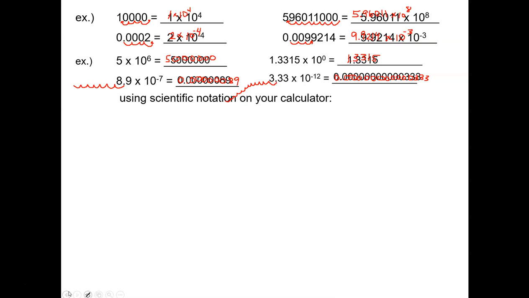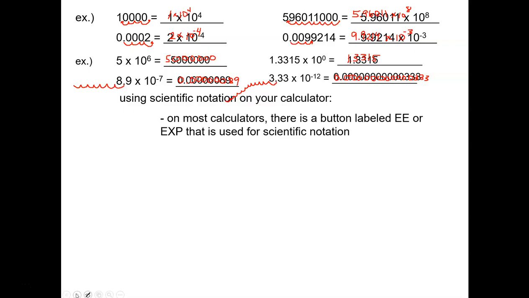I want you to be able to use your calculators to figure out what the answers are to some of these problems. And when we use scientific notation on the calculator, there are some things that we have to keep in mind. One of them is that on most calculators, there is a special button used for scientific notation. And I'm not even going to say most, it's really all. Okay?